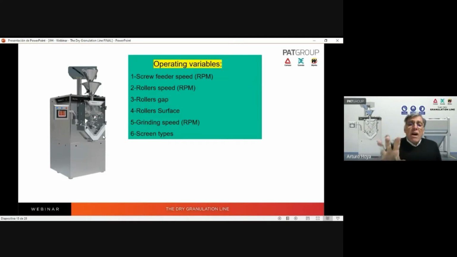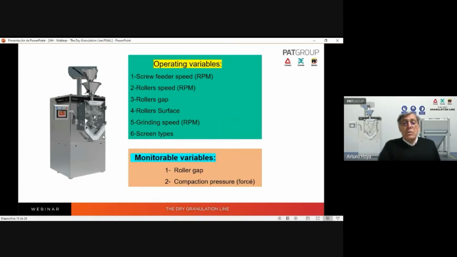So these are 6 operating variables you can modify experimentally in order to optimize the process. And you have monitorable variables that are roller gap and, of course, compaction pressure or force developed during the process.